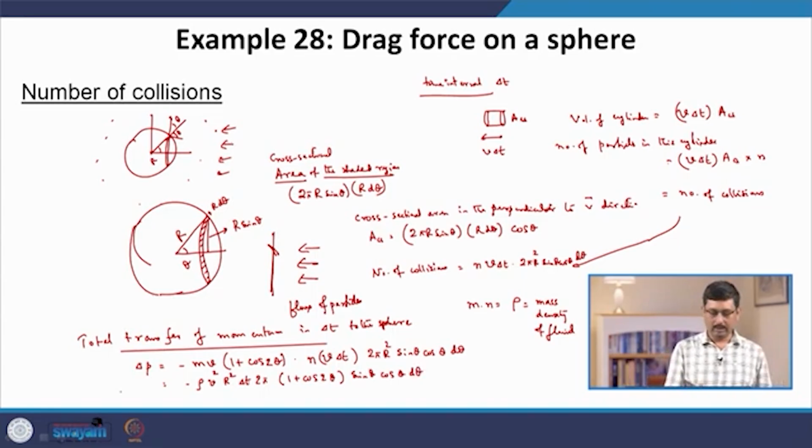Now this theta can vary from 0 to pi by 2. So, then we have to integrate over all possible values of theta.